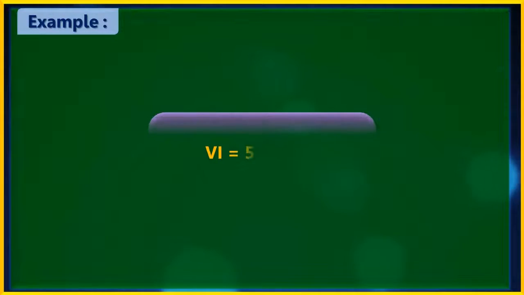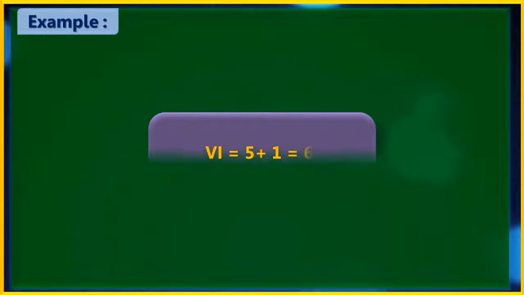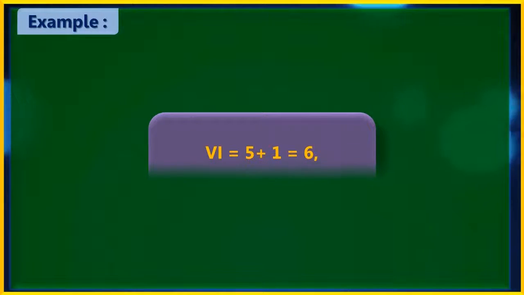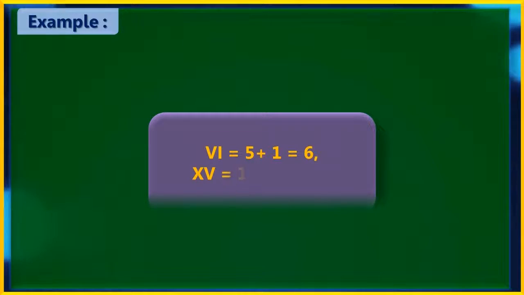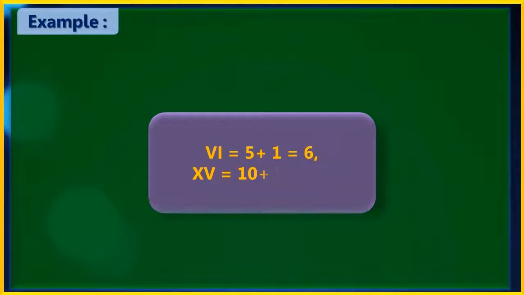For example, Roman numeral VI can be written as 5 plus 1, which is equal to 6. Roman numeral XV can be written as 10 plus 5, which is equal to 15.